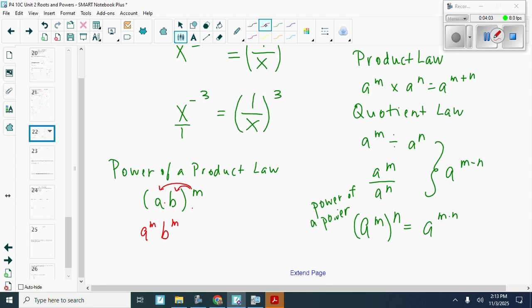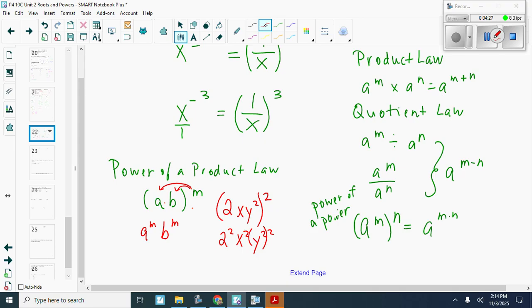So say, for instance, we had 2xy squared, and I said, let's square that. You would just square every single thing on the inside: 2 squared, x squared, and then y squared, squared.